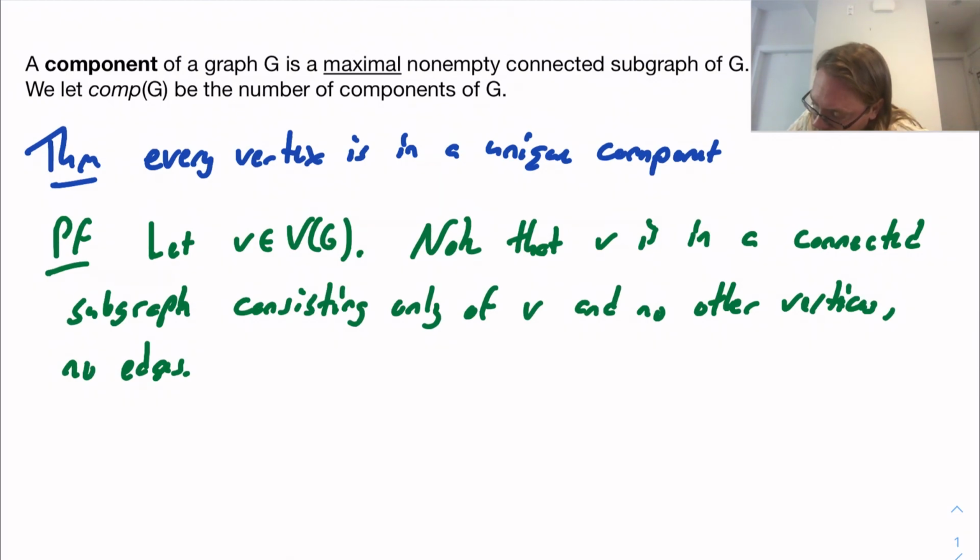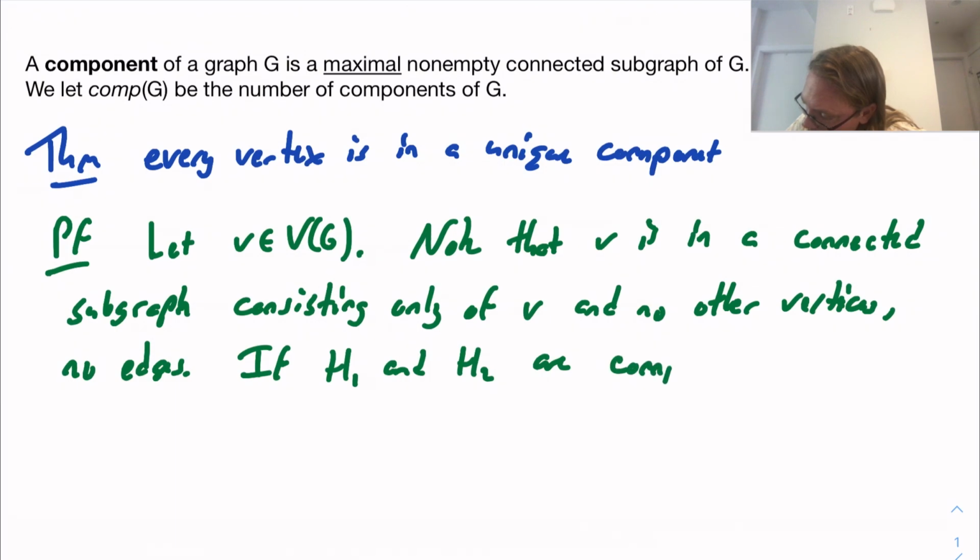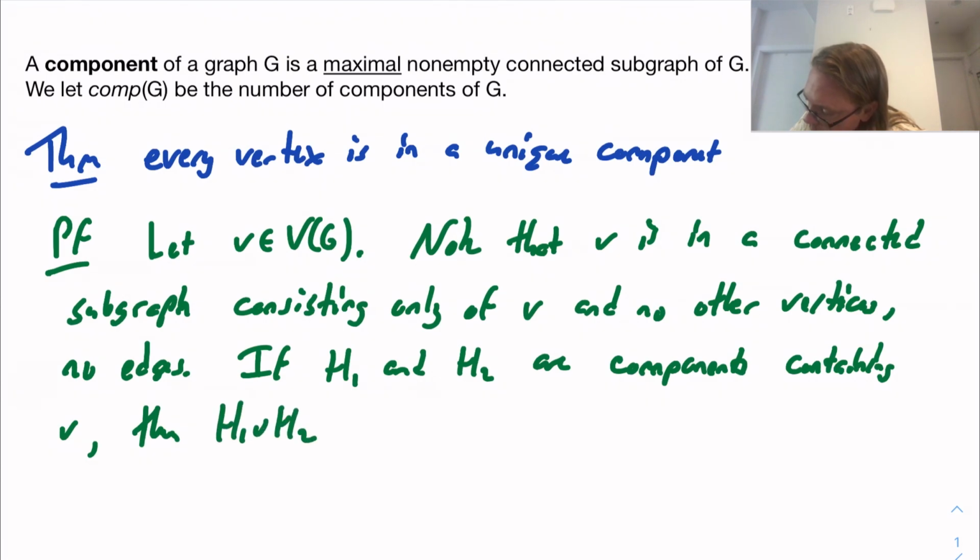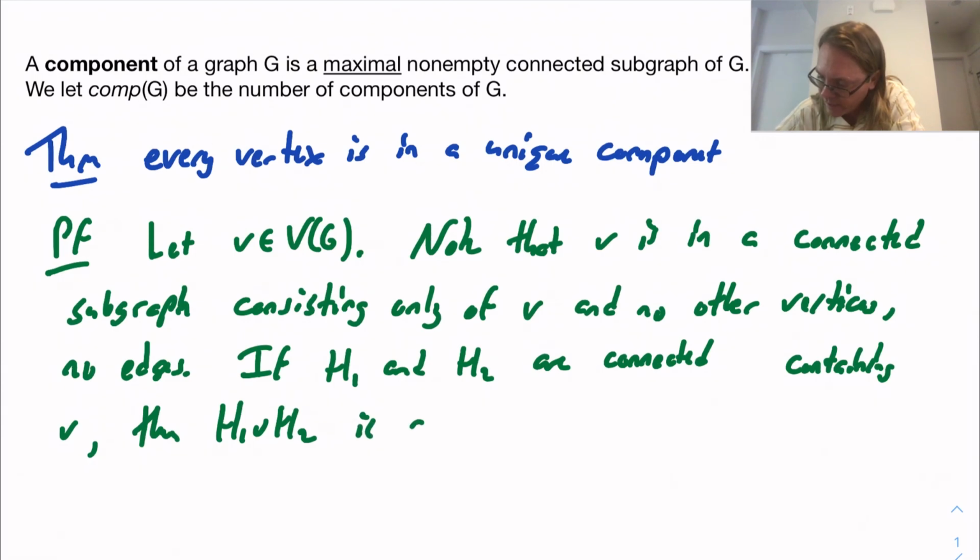So if H1 and H2 are connected subgraphs containing V, then H1 union H2 is connected by our proposition.